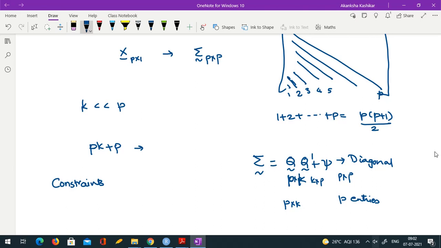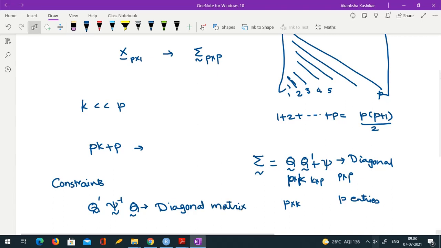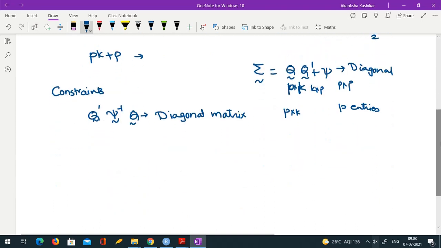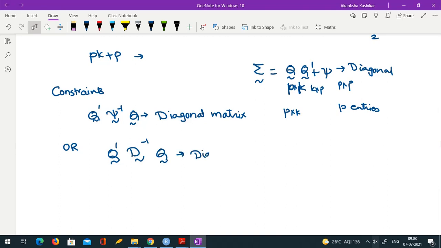Generally the constraint put is that Q' psi inverse Q should be a diagonal matrix. We know psi is a diagonal matrix, but we go one step ahead and say that Q' psi inverse Q should also be a diagonal matrix, or instead of this some people say that Q' D inverse Q should be a diagonal matrix.